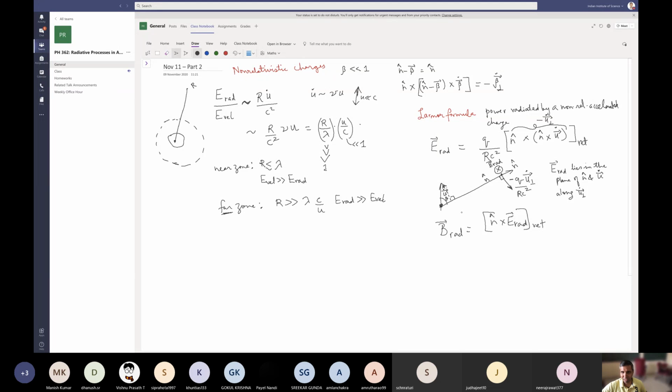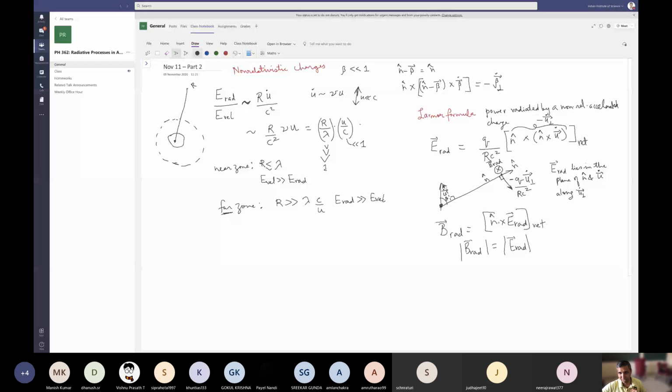So this is the expression for electric and magnetic fields in the far zone due to a non-relativistic accelerating charge. The electric field is perpendicular to n hat, and in fact it's proportional to minus u perp dot. So basically the magnitude of B rad is equal to E rad, because n hat, E hat, and B hat form a triad.